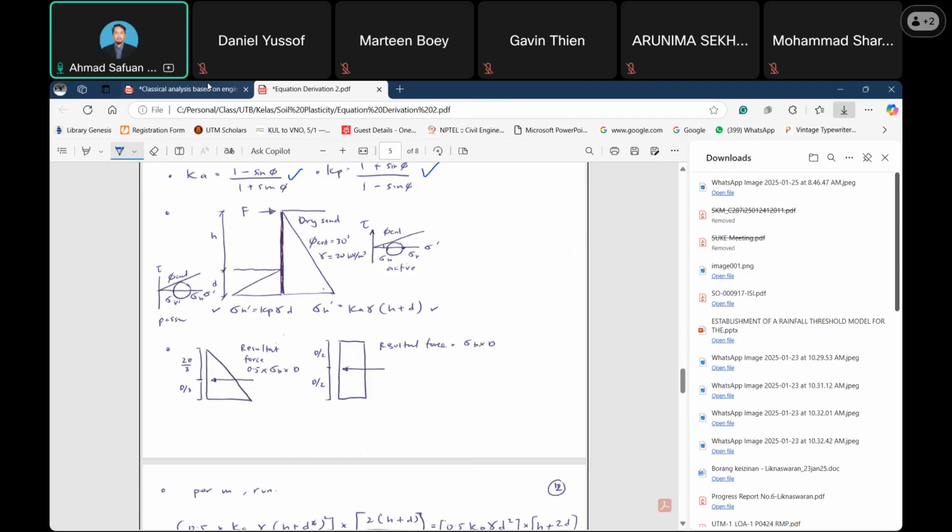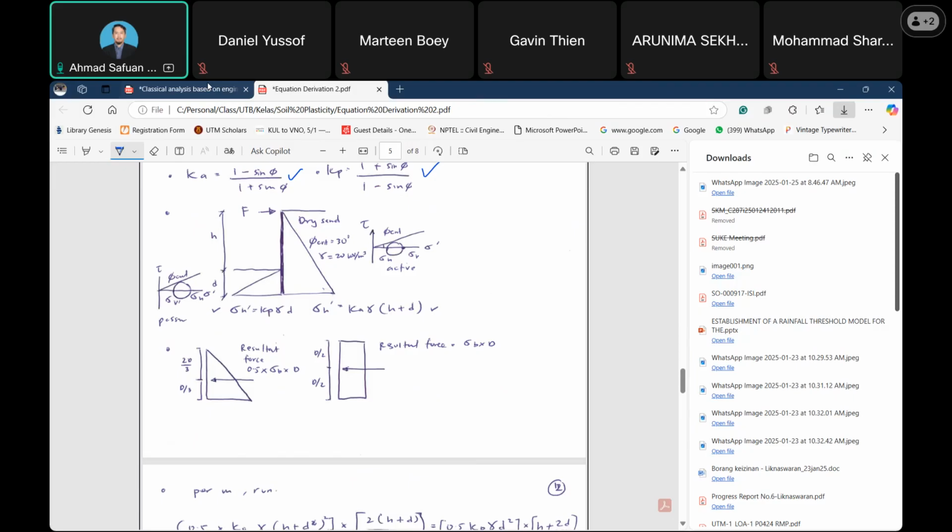So in the case of a triangular stress distribution of overall depth d, the center of pressure is at a depth of 2d over 3 from the top of the triangle. So this is the resultant of the diagram.